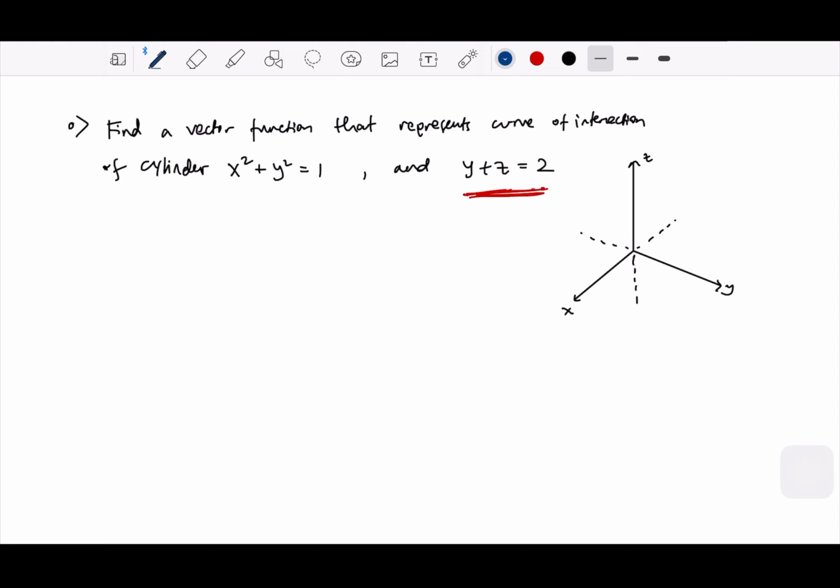So for example, we take z and y and make it 2 and cross this, right? That's our line. The plane means that we have a plane that fills out our y plus z equals 2 line, okay, and that's our line.